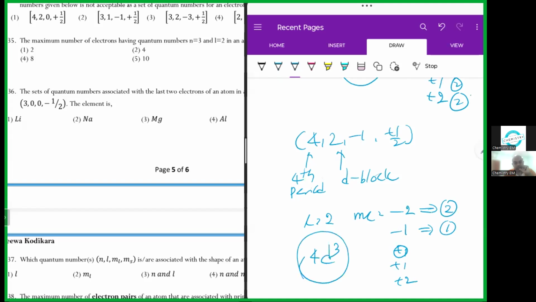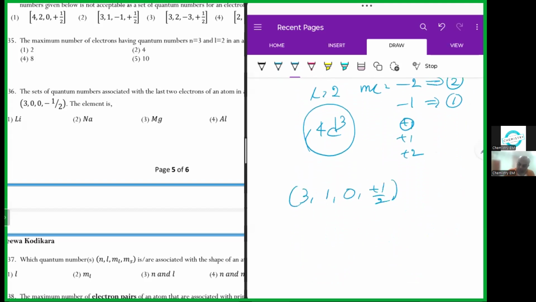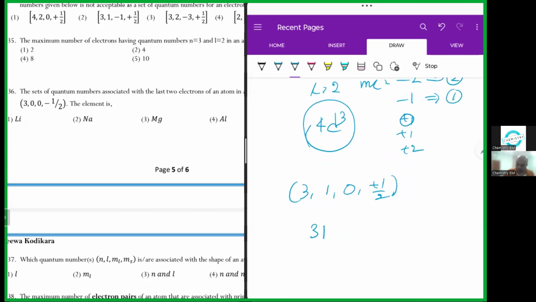4d3. No question has been asked about this yet, you can ask. Okay? Let's take another example: 3, 1, 0, plus half. So 1 means p, so this is 3p. If L is equal to 1, ML is equal to minus 1, 0 and plus 1. Already 2 electrons were there, and 0 plus half means 1 more.